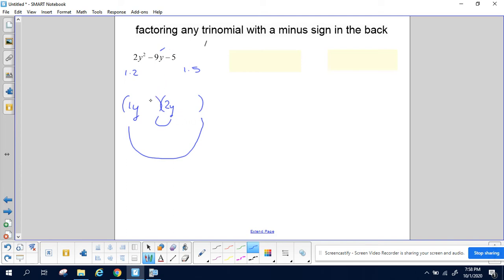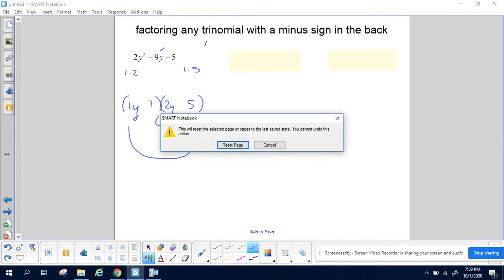So if I put the 1 here, 5 here, this makes 5y, product 1 times 2y. These subtract to make 3y. So that is not the right positioning of my numbers. So back it off.